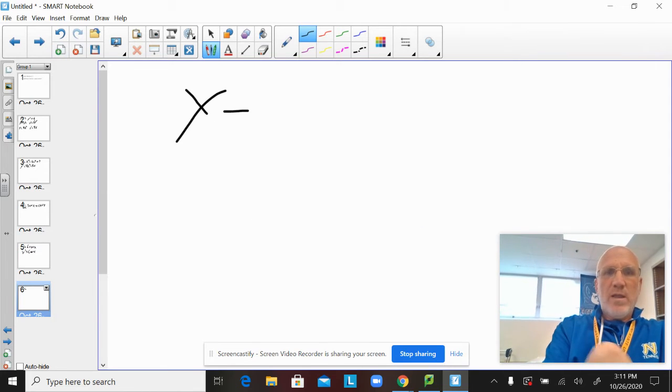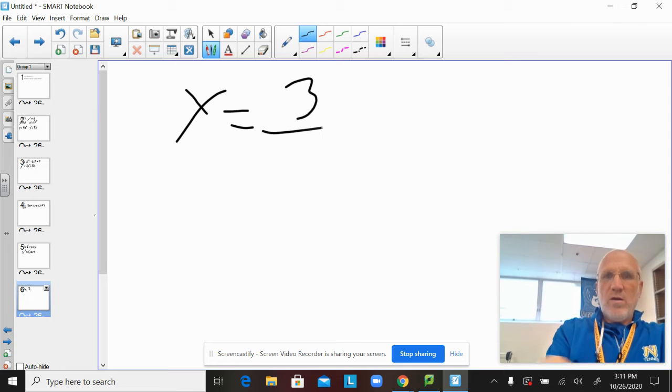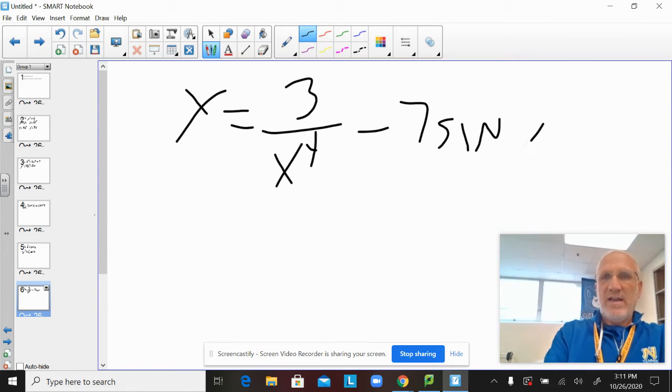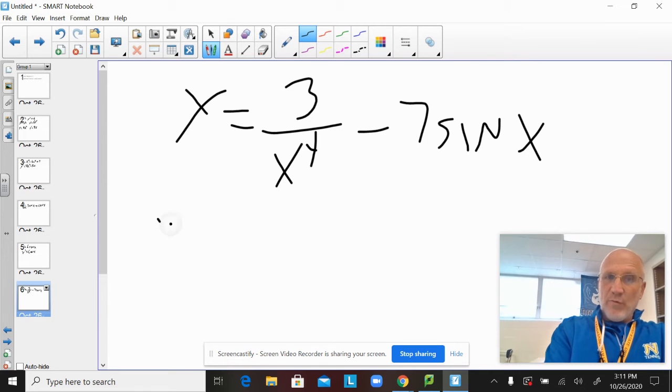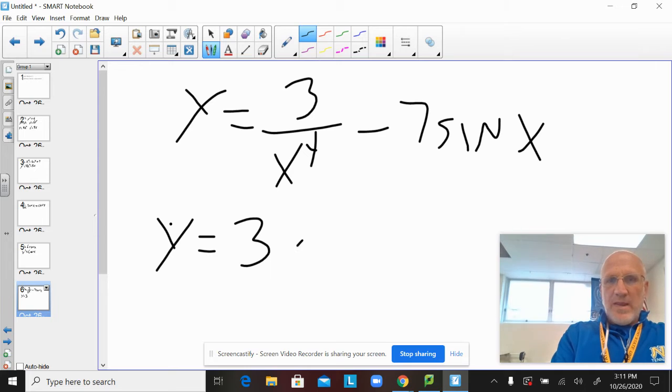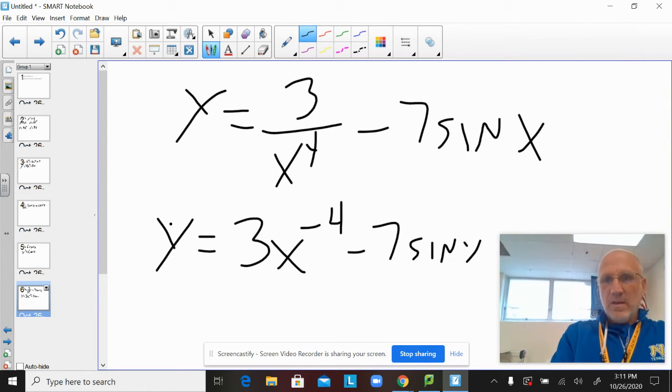Or if I had y equals 3 over x to the 4th minus 7 sine of x. Let's remember that I have to rewrite this first. This is a good review from yesterday. This should be 3x to the negative 4th minus 7 sine of x.